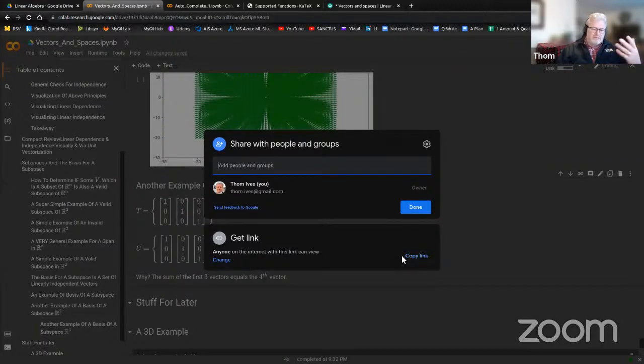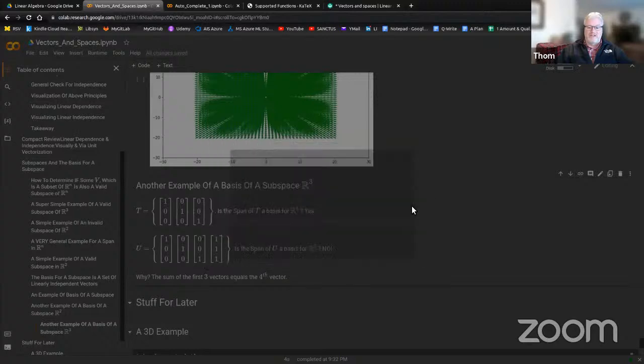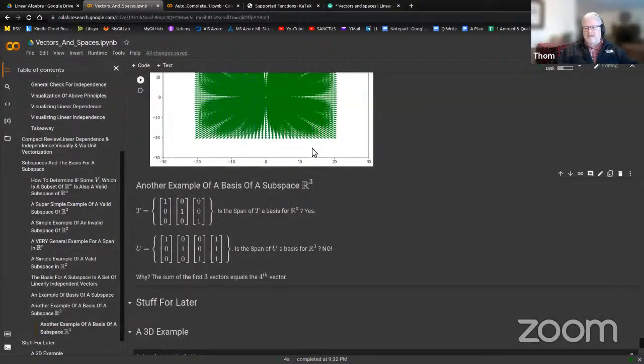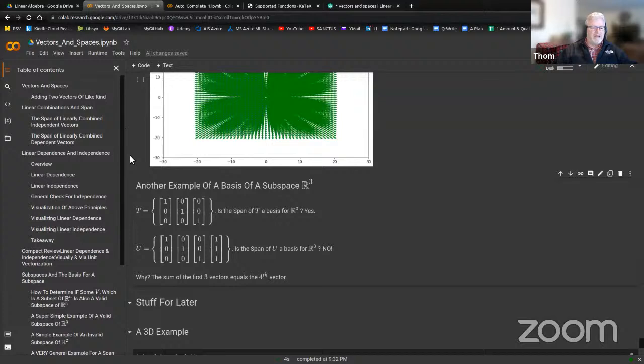That's so that nobody can mess it up. But you can make a copy of it and make changes to it for yourself. I strongly encourage everyone to do that. But are there any questions at this point? Is there any point in this notebook y'all would want me to scroll back to right now?